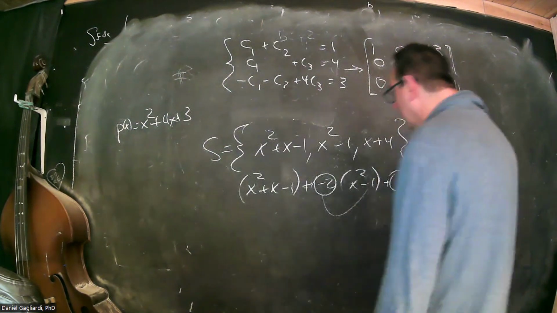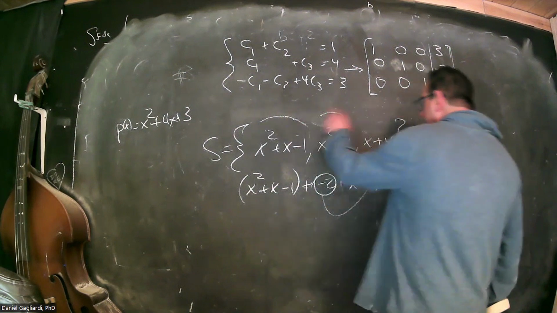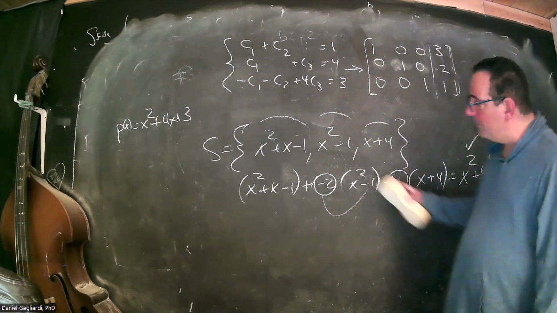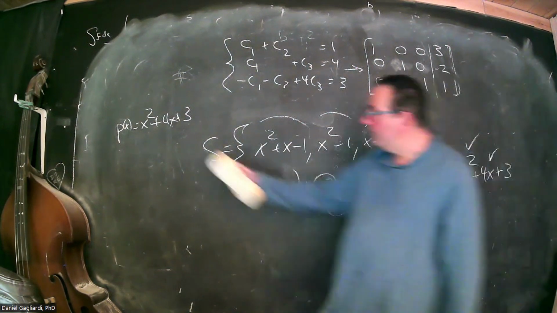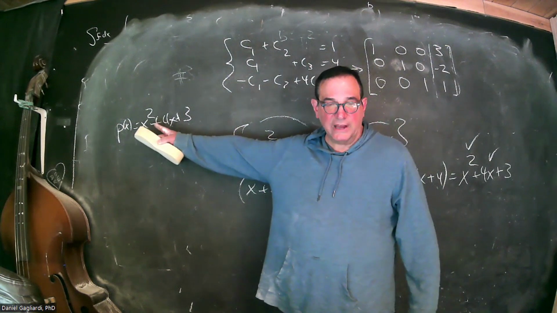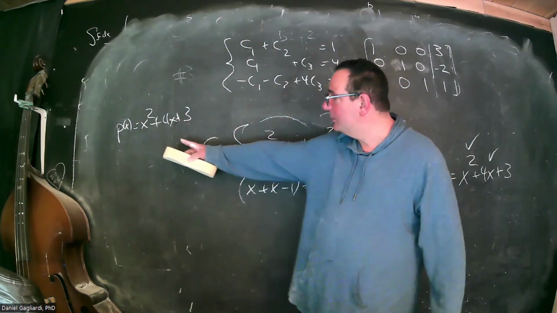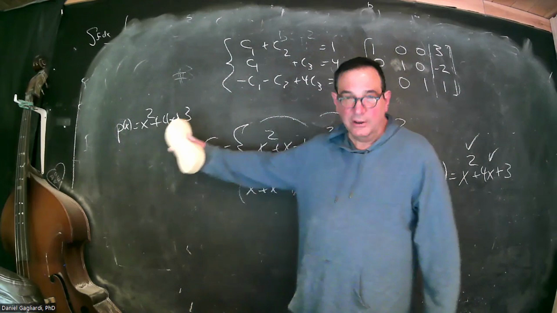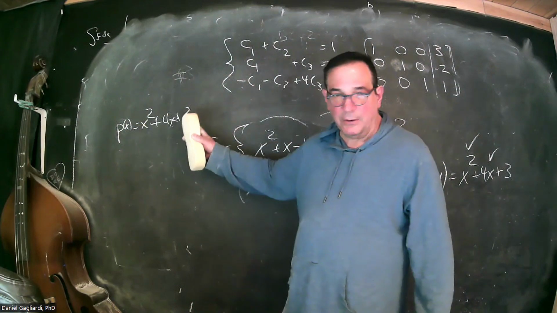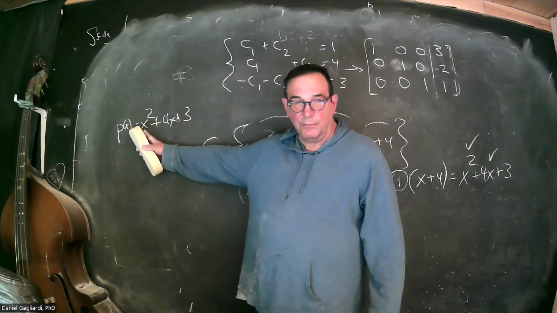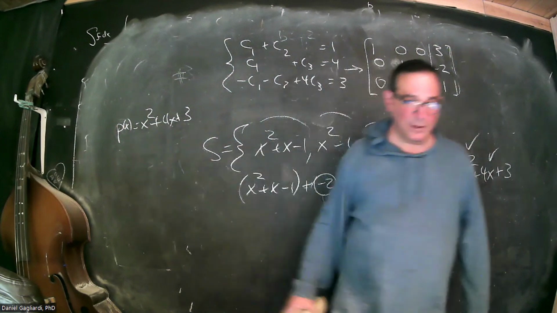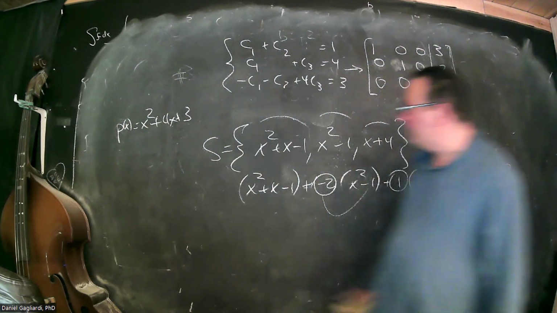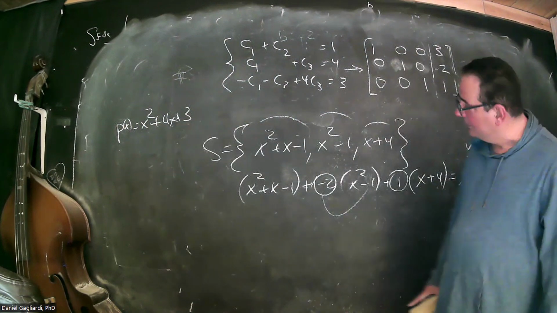We have 3 vectors, and the polynomial space for second order polynomials is 3-dimensional, because you see we have 3 degrees of freedom here. We could pick a coefficient for x squared, we could pick a coefficient for x, and we could pick a coefficient for the constant term, right?